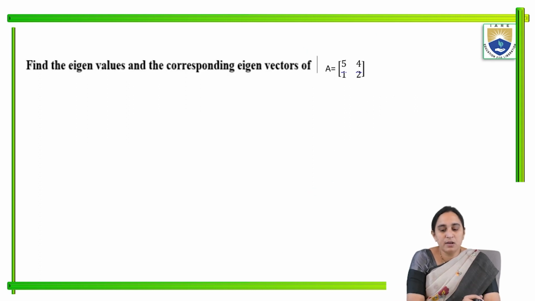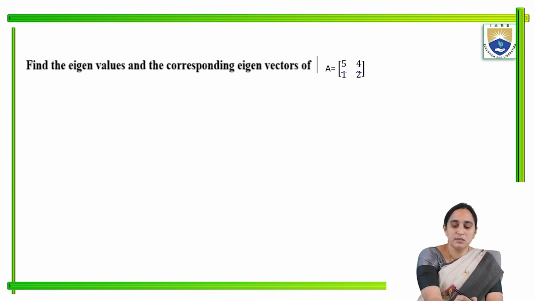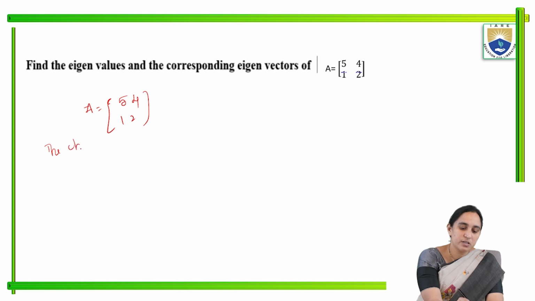Find the eigenvalues and eigenvectors of the matrix A is equal to 5, 4, 1, 2. For finding the eigenvalues, the characteristic equation is det(A minus lambda I) is equal to 0.